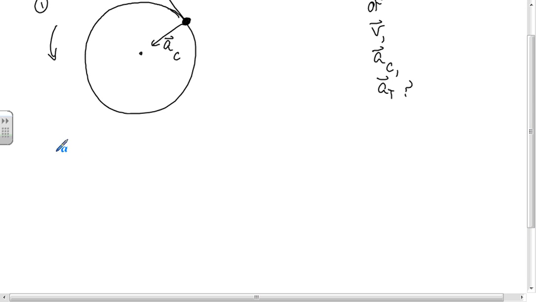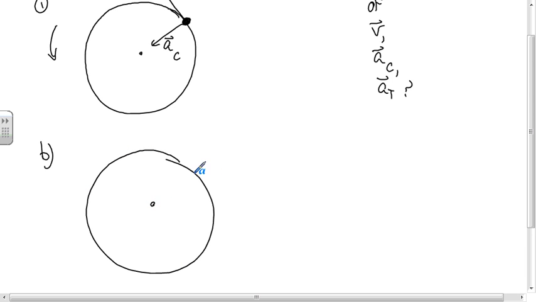So now for part B, say that you have the same circle, still going counterclockwise. And we're interested in this point again. Now say that it's speeding up.